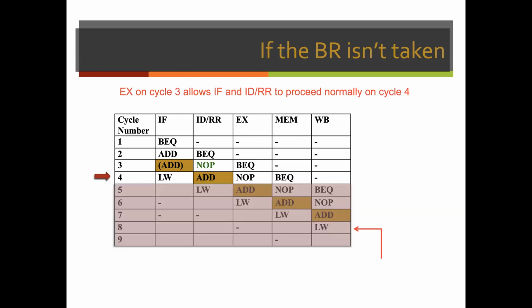Now, let's consider if the branch is not taken in our pipeline. With this regard, we finish with our stalls in cycle 8.